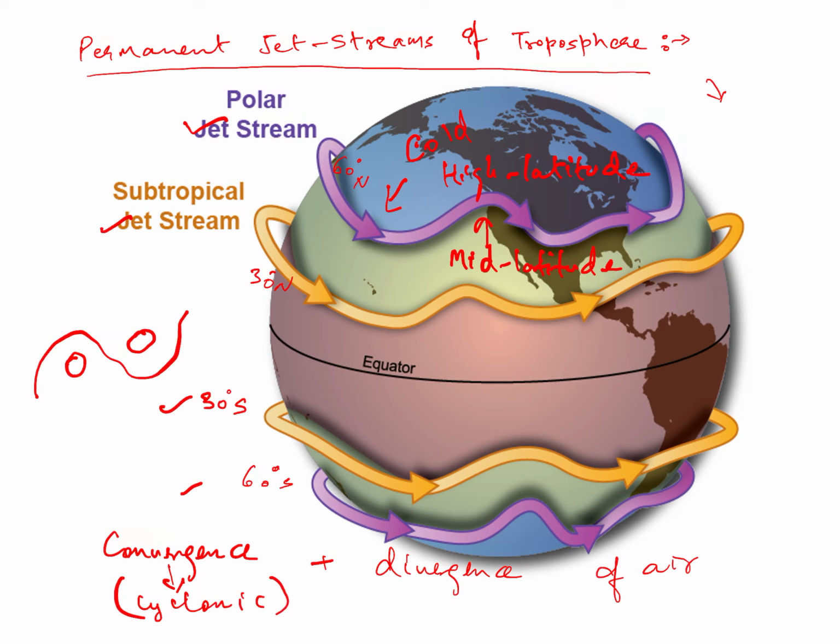But wherever divergence of air is developed, it produces an anticyclonic condition. Air starts diverging away from the region. These kinds of storms affect both the mid latitude and the higher latitude weather. You will see the details later on.